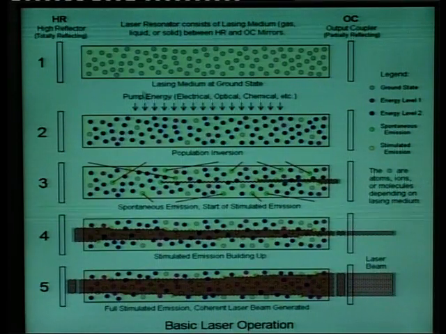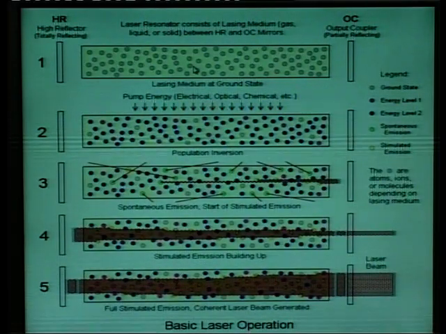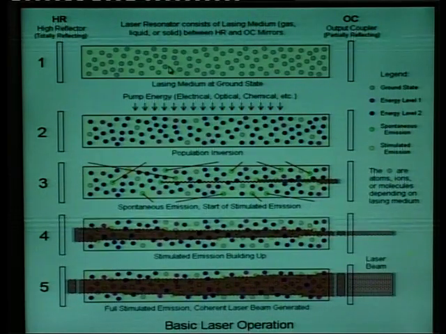So again, more elaborately it is shown here. This is the lasing medium, the medium which has atoms which will be excited. They are at their ground state. Pumping is done by either electrical pumping, optical pumping, or chemical pumping. Pumping means giving energy, so by giving energy they will absorb energy and will be excited.